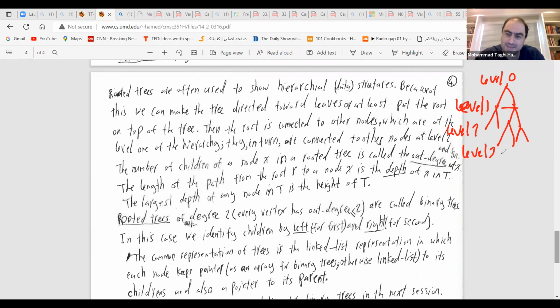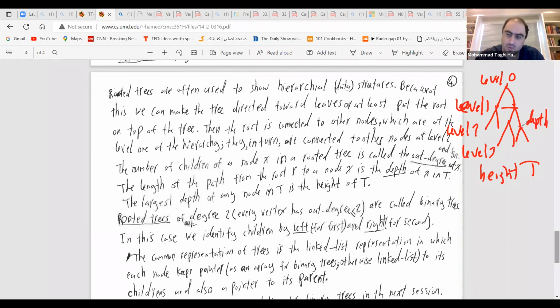The maximum level is called the height of the tree. So what is the height of a tree? It is the maximum level that we have. This is another way you can define the depth of a node.